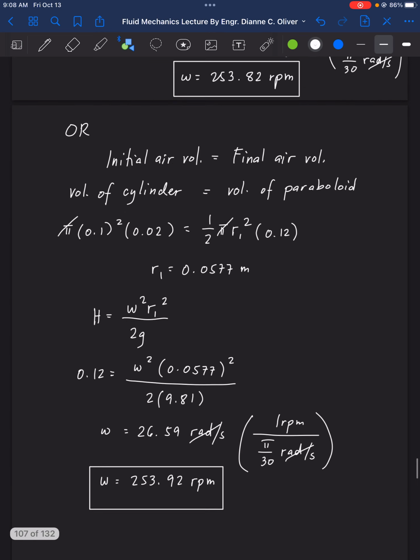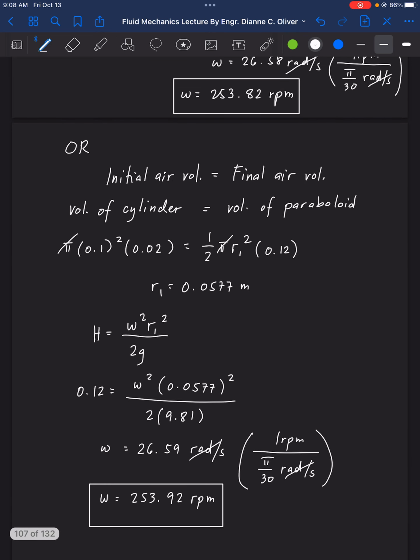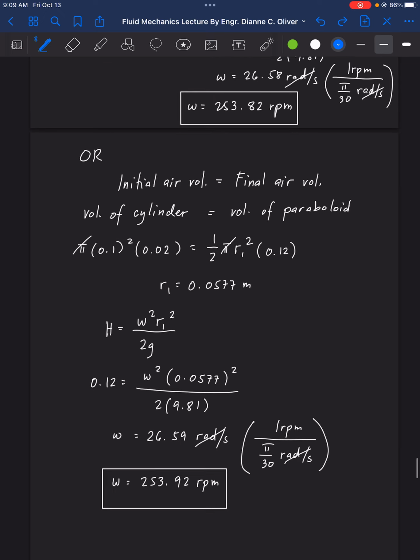And this is the same as the answer we got from the first solution. So they are the same. It's just that there's a small discrepancy with this one.